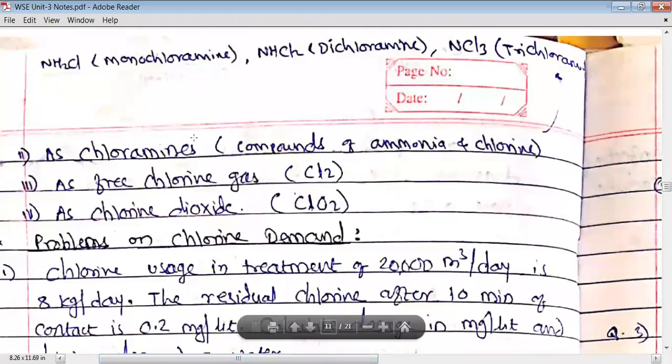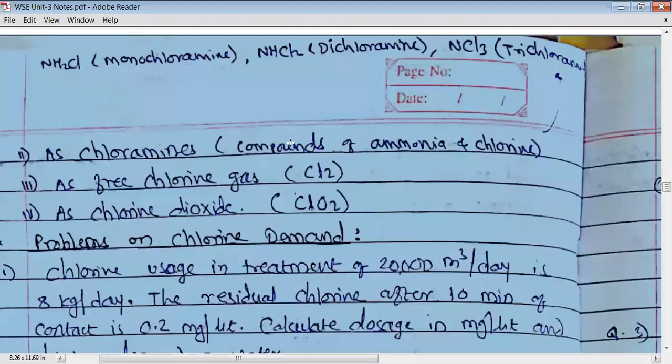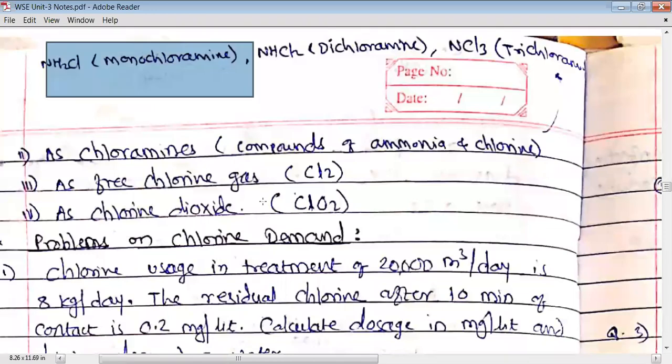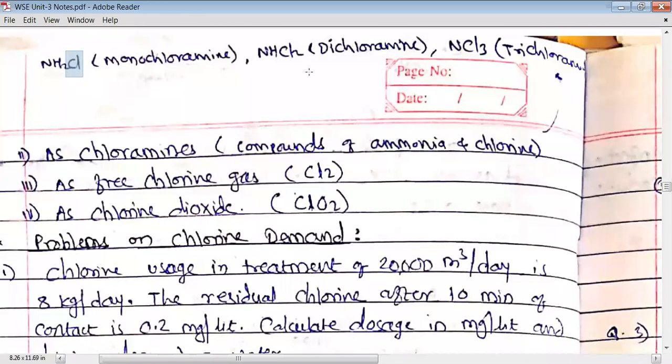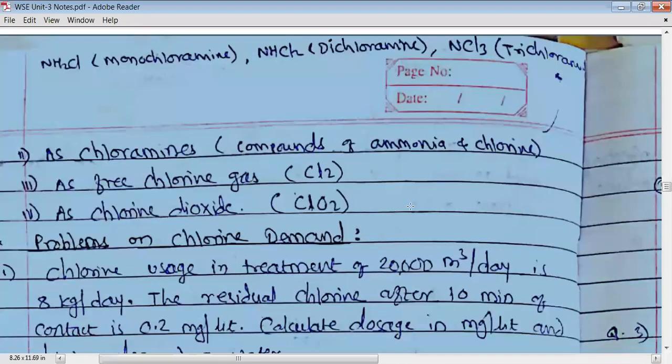This chloramine can be available in these three forms. Monochloramine, in which only one chlorine atom is there, then dichloramine, where two chlorine atoms are there, and trichloramine, in which three chlorine atoms are there.